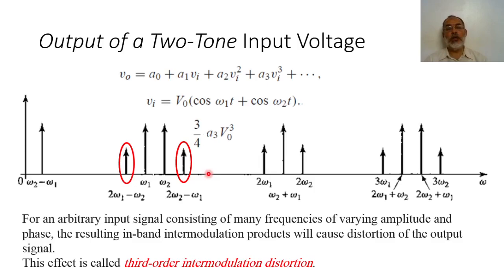Now, let us see the different components. As I said, we have the DC component with a frequency equal 0. And we have the original two components, omega 1 and omega 2.